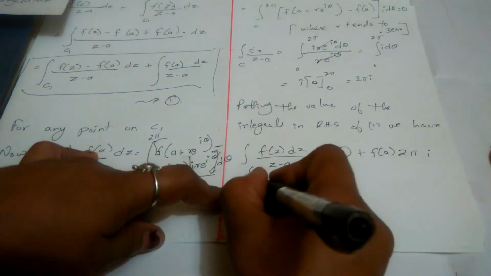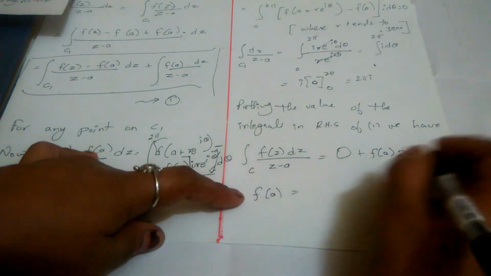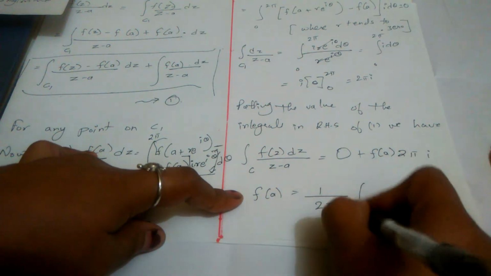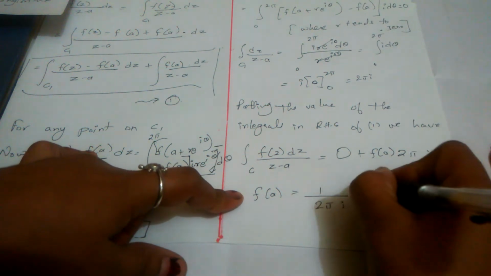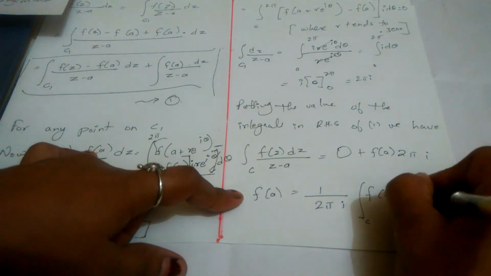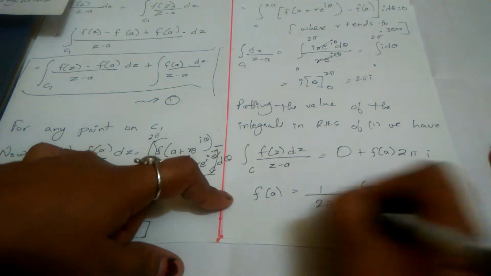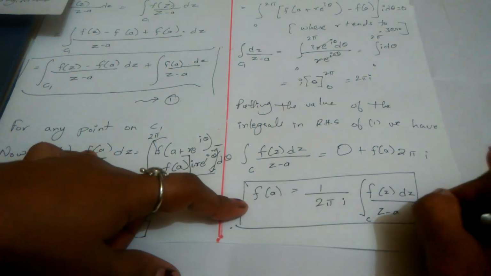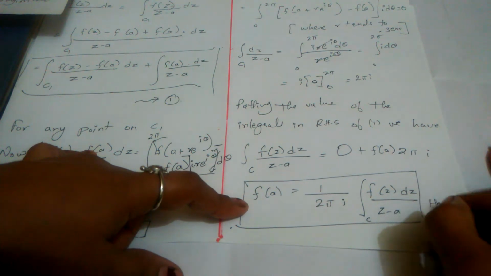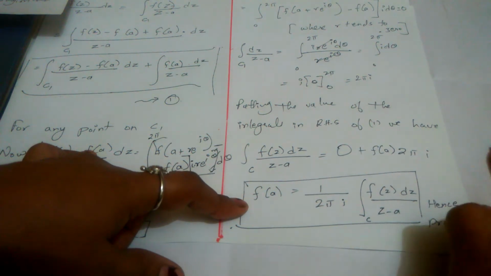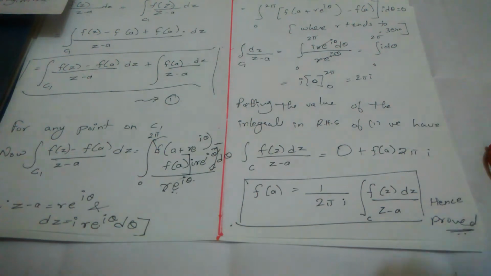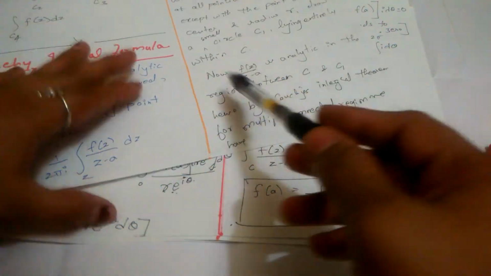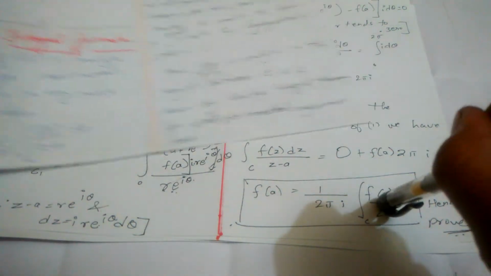As a result, this f of a is equals to, I am bringing this term here, 1 upon 2 pi i, again integral c f of z dz divided by z minus a. So hence we have given a proof for the Cauchy's integral formula. Okay, so we have completed a statement and a full proof for the Cauchy's integral formula.